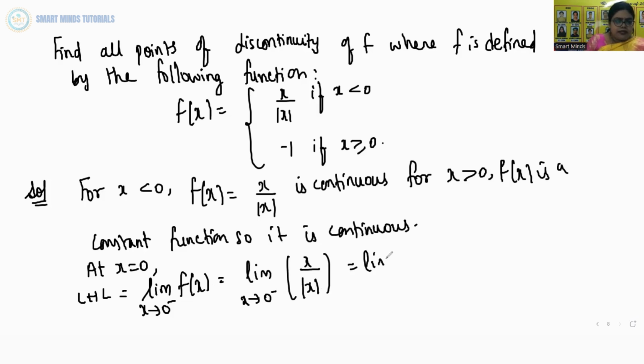That is limit x tends to 0 x by mod x is minus x, because here you have 0 minus, which means it is less than 0. So mod x will become minus x when x is less than 0. So x and x cancel, the answer is minus 1. Why did we use this condition? Since mod x is equal to minus x when x is less than 0.